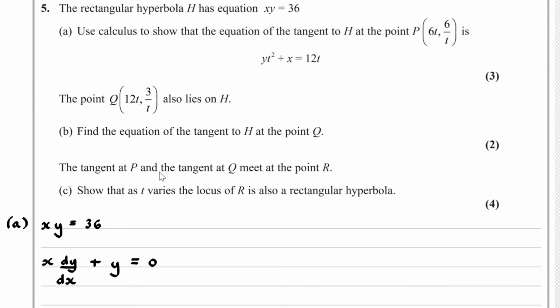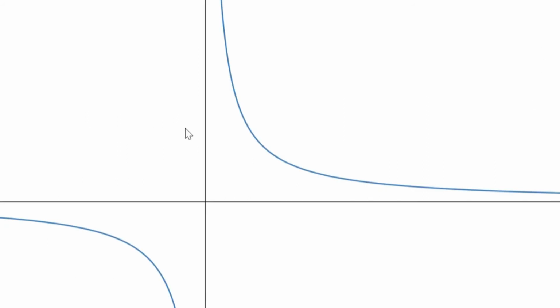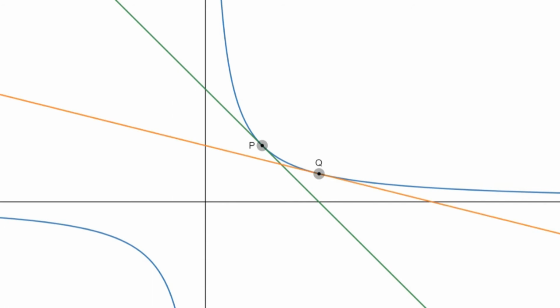Next, the tangent at P and the tangent at Q meet at the point R. We have to show that as t varies, the locus of R is also a rectangular hyperbola. Now, what we have here is our hyperbola. We've got the point P shown here, the point Q shown here, the tangent at P shown here, and the tangent at Q shown here. And the tangents meet at this common point.